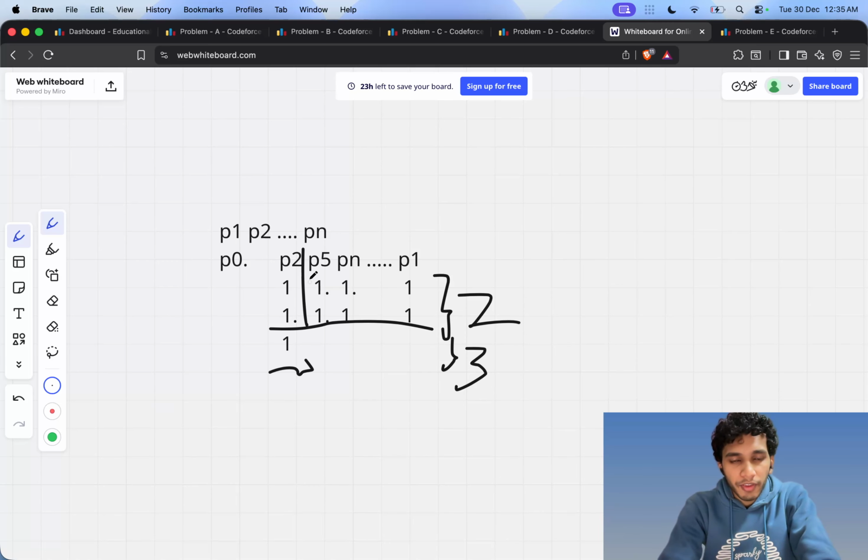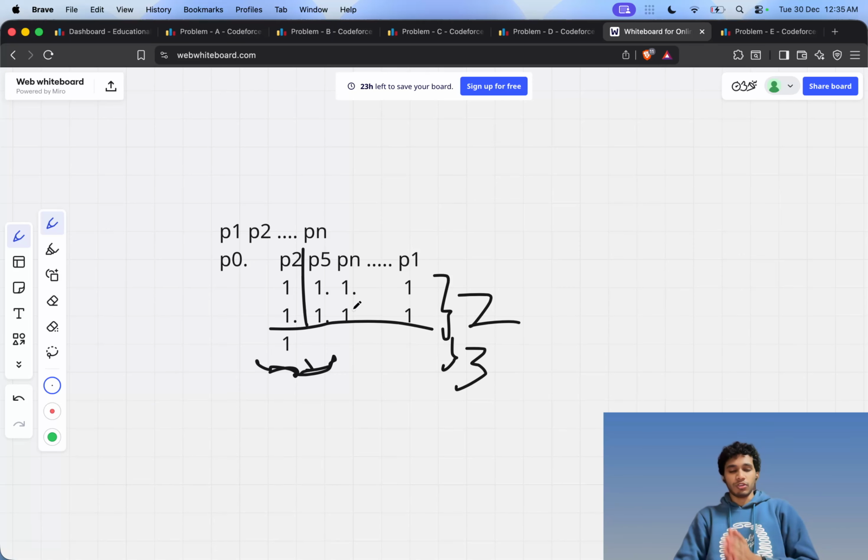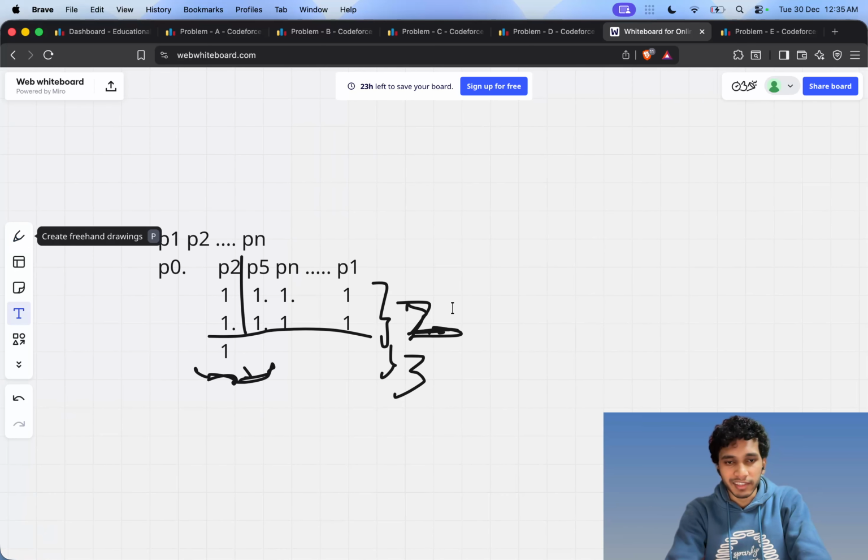If P5 had an option, then three decorations would have been chosen for P5, and if Pn was the first index where choice was not possible, then from Pn up till P1, all would have a total of two decorations utilized. Now, what are the possible observations of constraint we have?